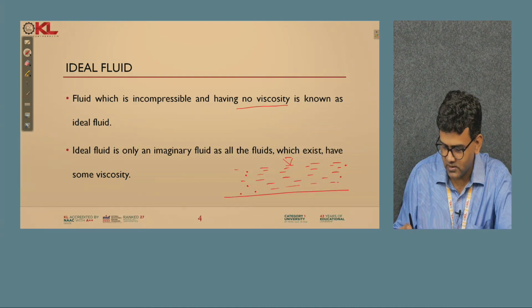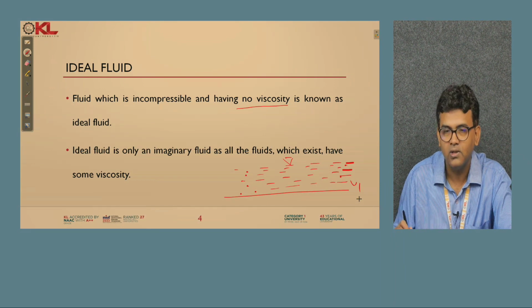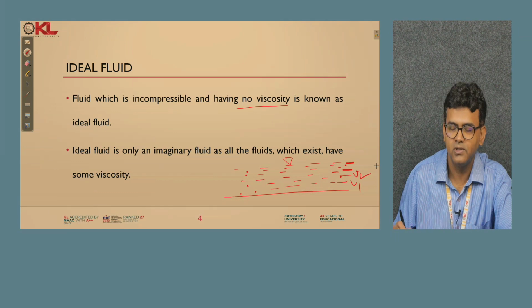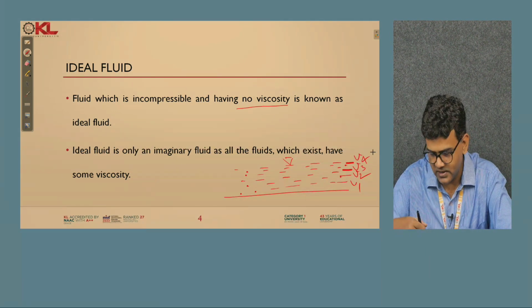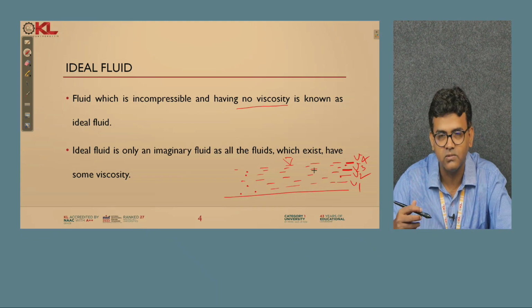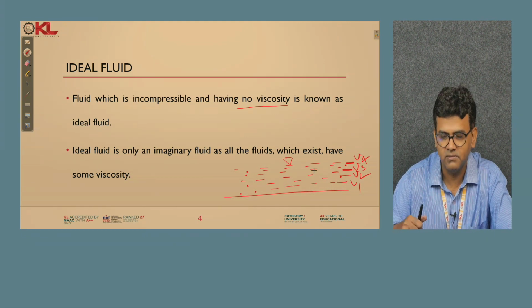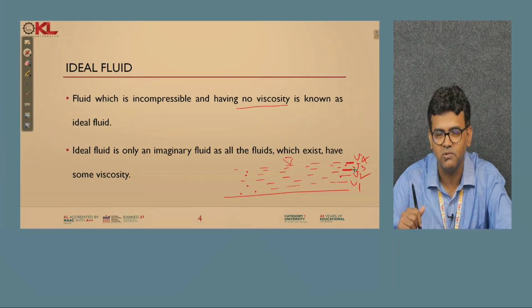Each layer, each streamline, will have some velocity. Suppose towards the bottom it is V1, above it is V2, above that V3, and V4. That means each layer will have a different velocity. This difference in velocity is because of the existence of viscosity. If there were no viscosity, then the V1, V2, V3, V4 values might be the same.